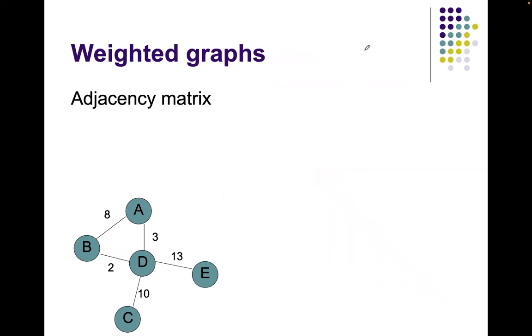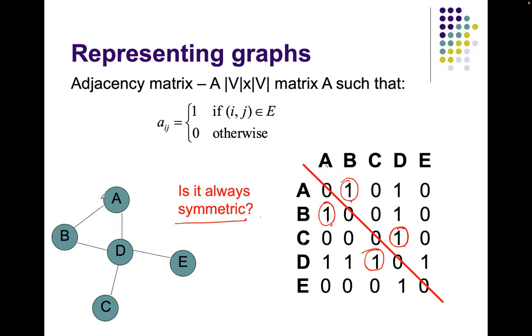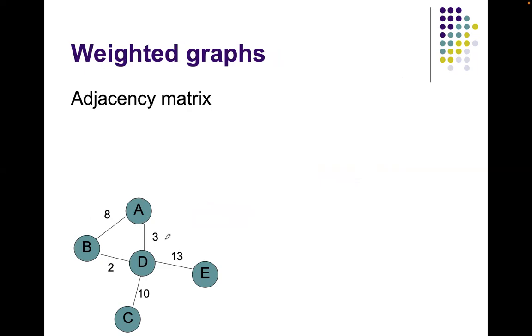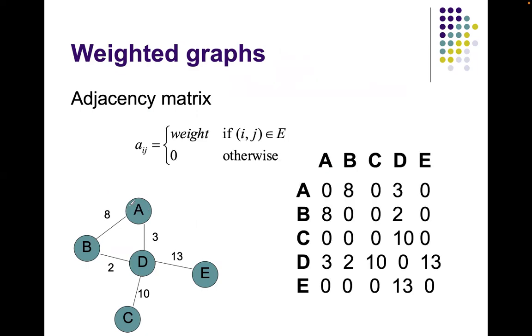So if we have a weighted graph: in the previous example, we had an undirected and unweighted graph, meaning we were only representing whether a pair of nodes is connected or not. Now here we have an undirected graph, but it is also a weighted graph, meaning each edge has an associated weight. So in that case, we represent it like this: the value of Aij, if i and j are connected, is the weight.